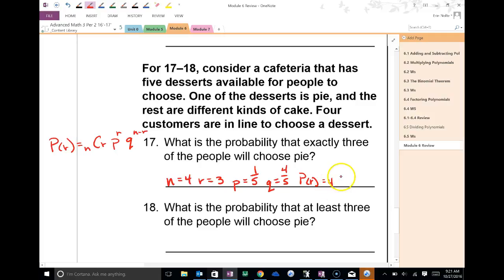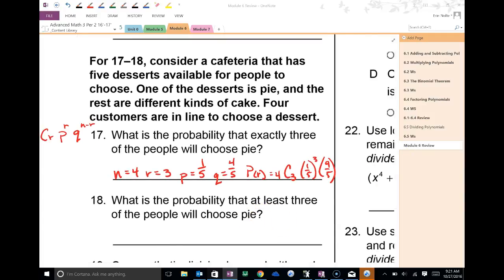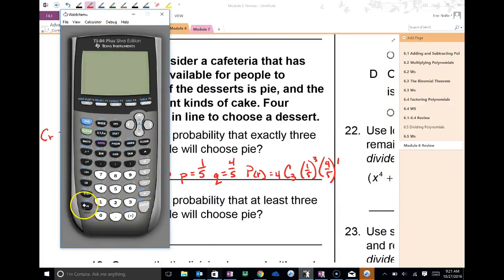Now you simply plug this into our little formula. So it's going to be 4 combinations of 3 times 1/5 to the 3rd power times 4/5 to the, can I go ahead and jump to 4 minus 3 being 1, 1 power. Everybody's okay with how you type that in the calculator? You start by hitting whatever your N is, so 4, and then you hit math, go to probability.